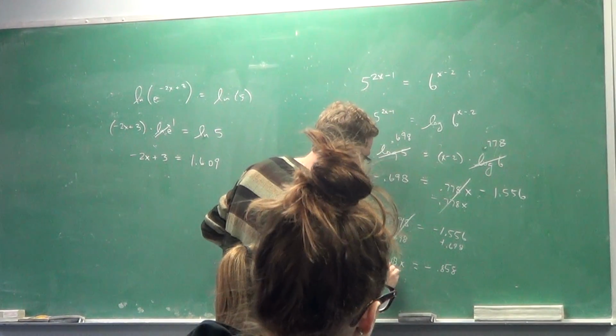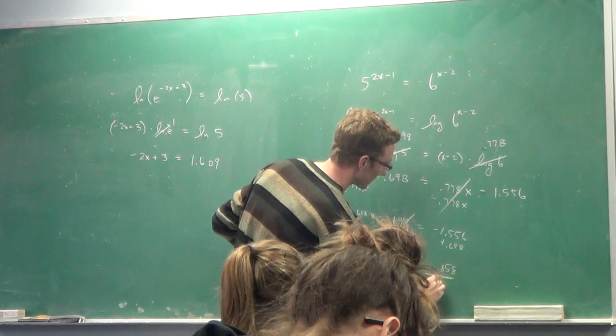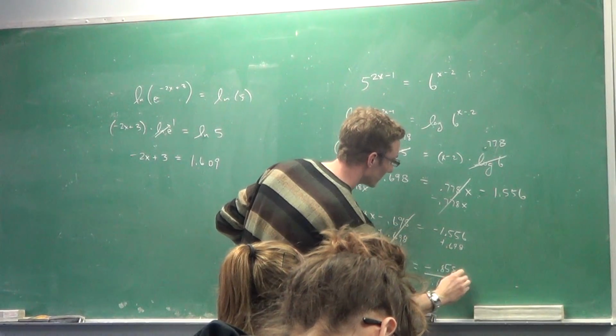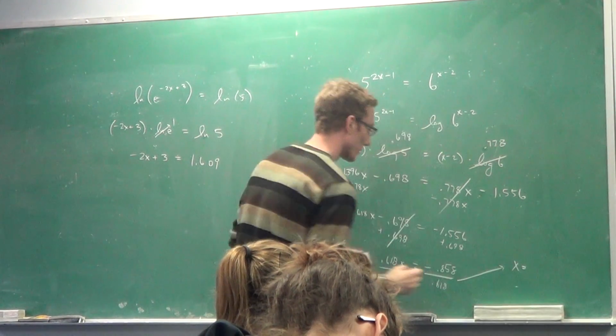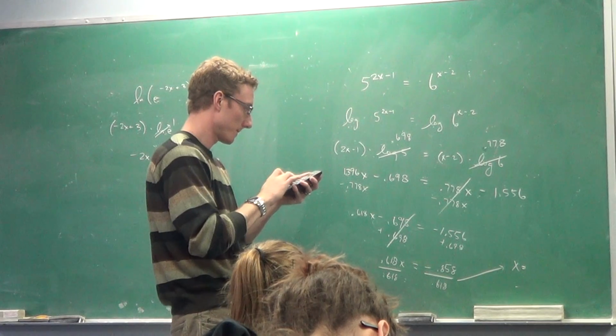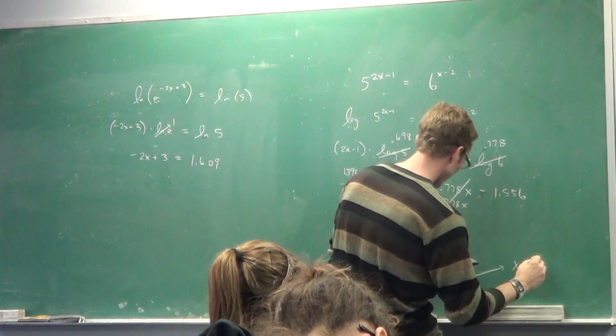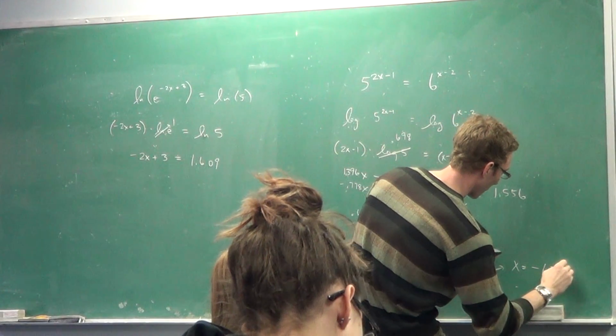Then we divide both sides by 0.618, and we get x equal to negative 1.388.